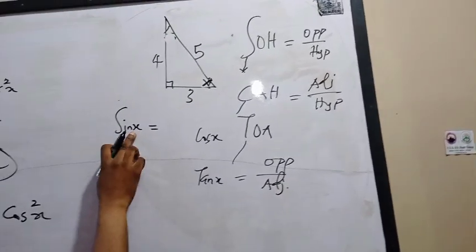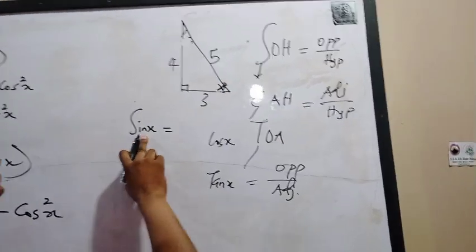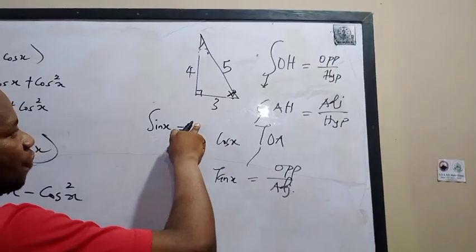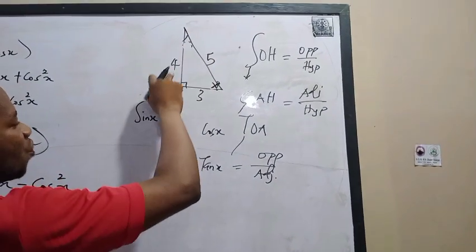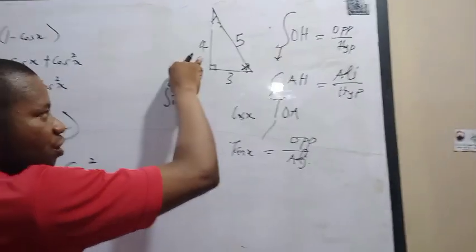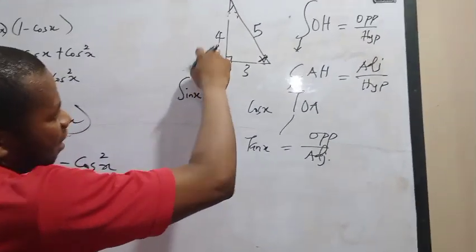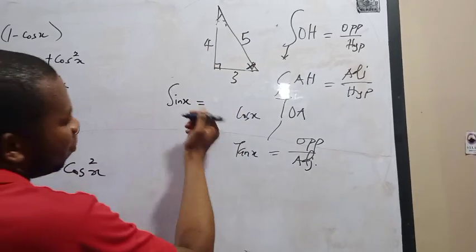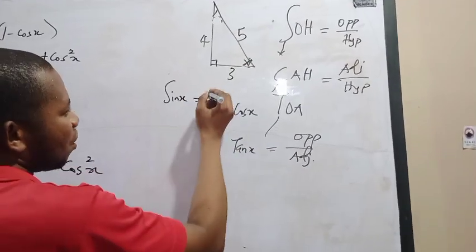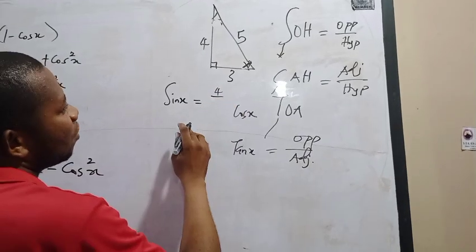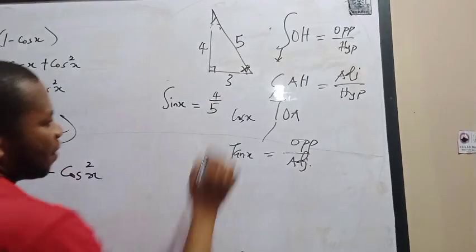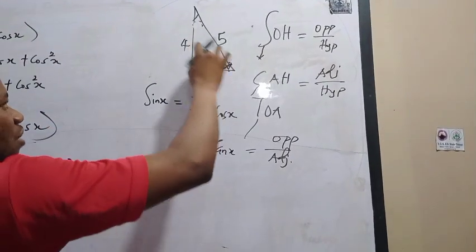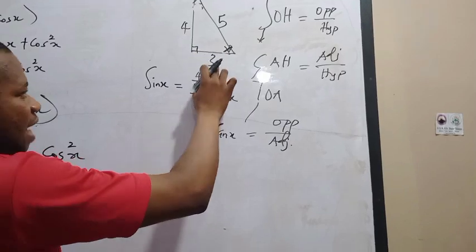Now if I go by sine x, sine is opposite over hypotenuse. Where the angle is facing is my opposite, so if this side is my 4, I will have 4 over the hypotenuse, which is 5. The longest side is the hypotenuse, the side where the angle is facing is opposite, the remaining side is adjacent.